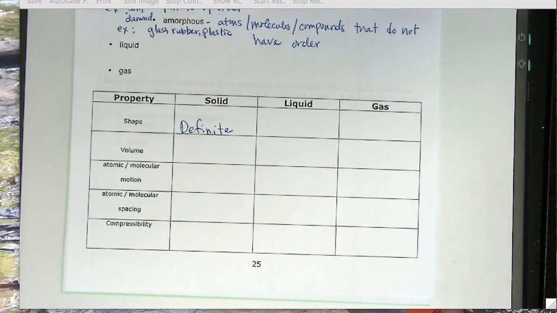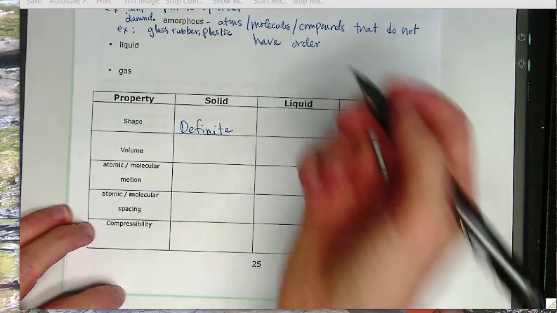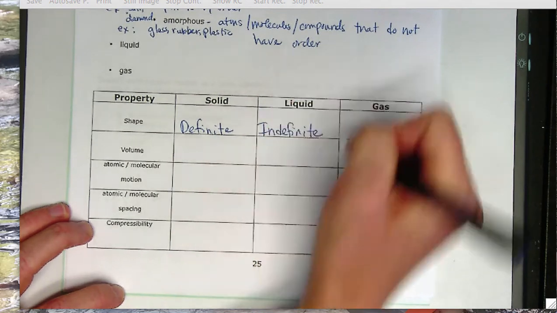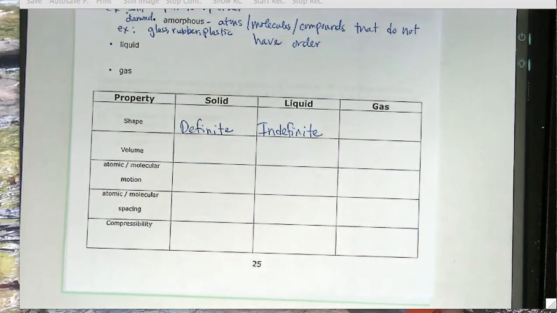Do liquids have shape? No. My water is in the shape of the container, right? If I pour it on the table, it will go everywhere. So it's indefinite. I was imagining when you have one drop of water, it kind of stays in a little ball.